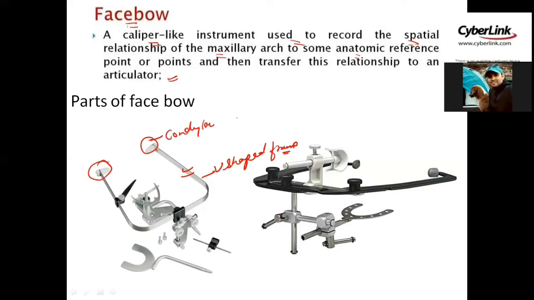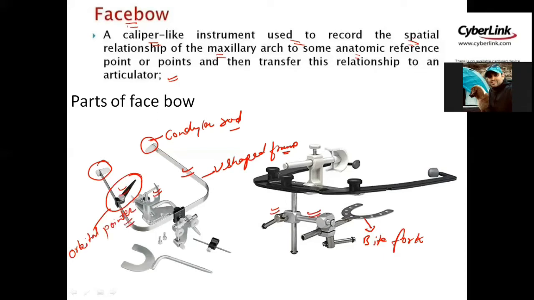Then your bite fork, which you can see clearly here. Then your locking devices. Then your orbital pointer with the clamp. This is your orbital pointer.